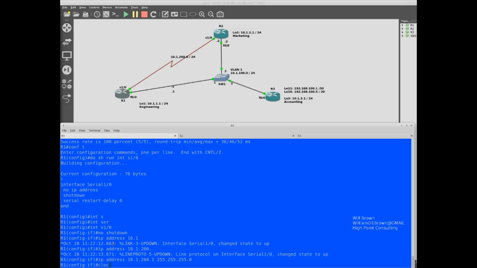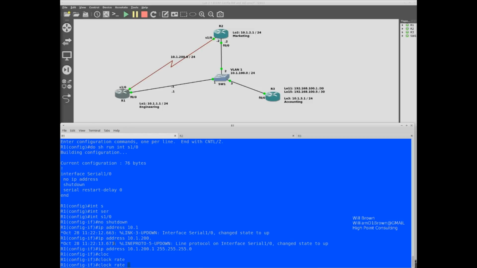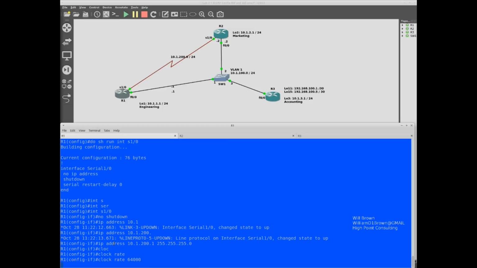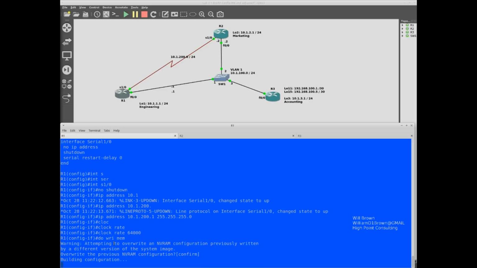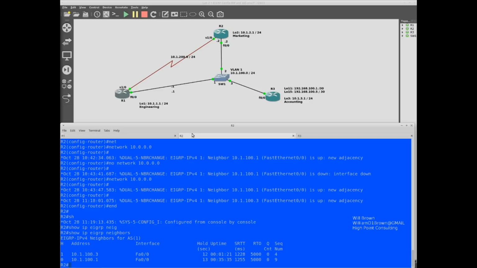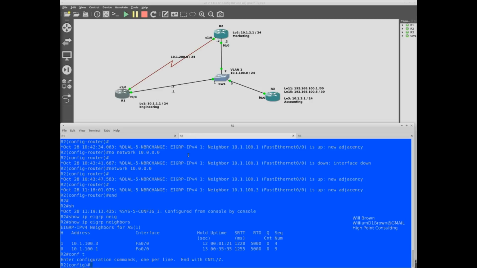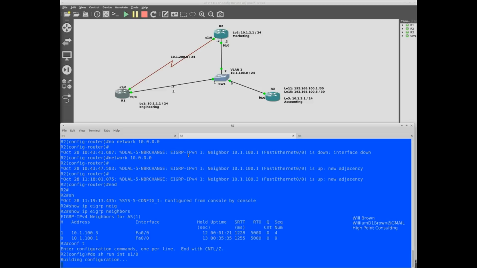I'm going to give that a clock rate of 64000. Go ahead and write that. And just jump over to router 2 real quick and configure that. Do show run interface serial 1/0. I didn't configure that one either.